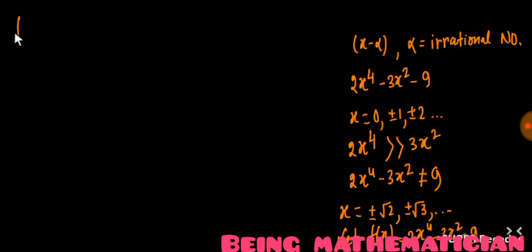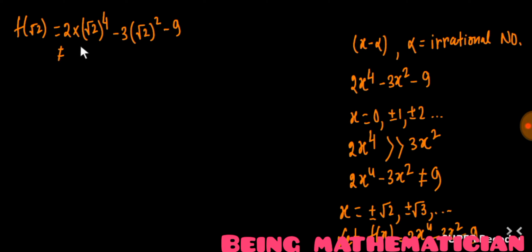So f of root 2 is equal to 2 into root 2 whole to the power 4 minus 3 into root 2 whole square minus 9. So definitely it is not equal to 0. Now f of minus root 2 is also not equal to 0.